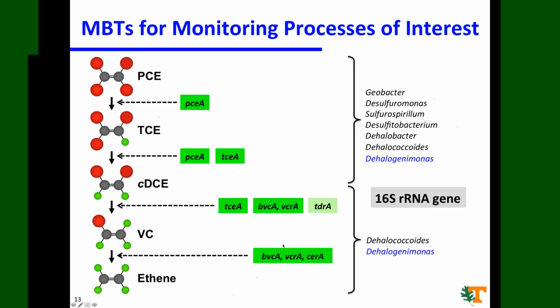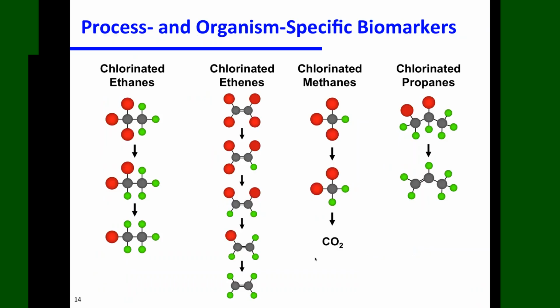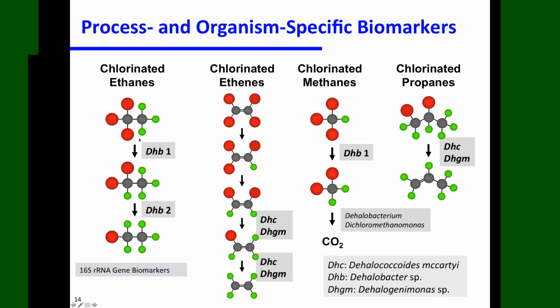And then, a new one is CRA. That's a biomarker for this reductive dechlorination step that we found on the Dehalogenimonas genome. Okay, so several biomarkers available for process monitoring. This is a summary, what we know, but again, may not be complete.